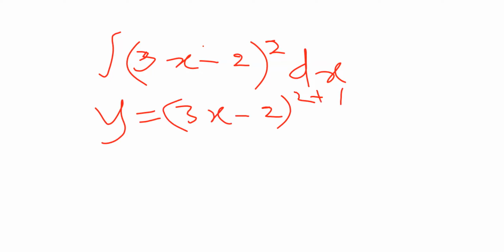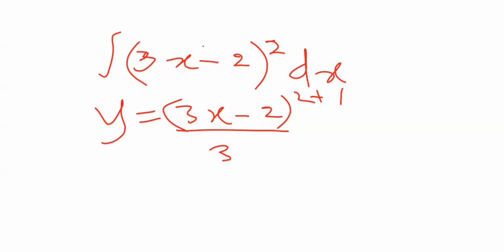I brought it up already now. Divide by 3. But the final answer should be what? Bracket 3x minus 2 raised to power 3 plus 1 over 3 plus k.